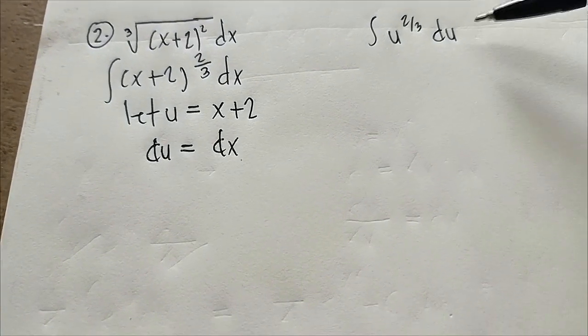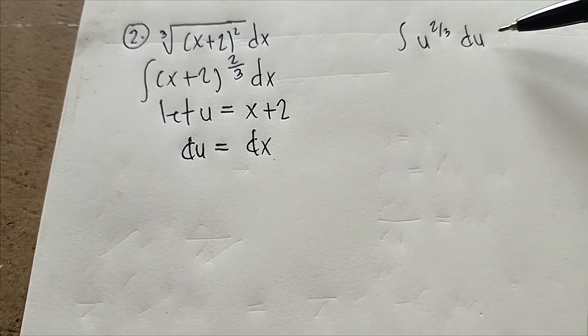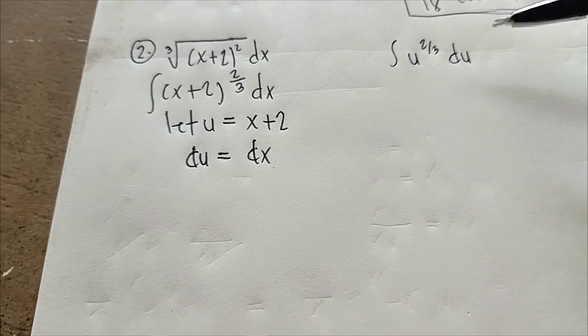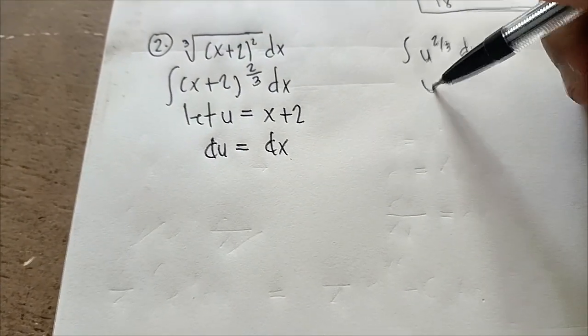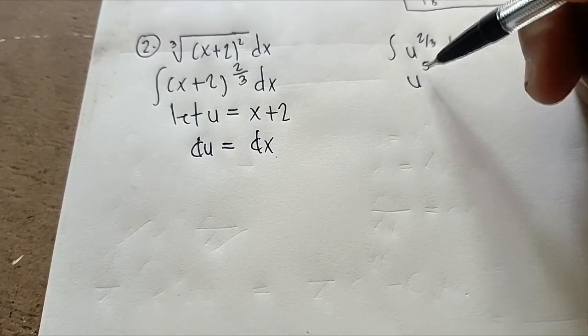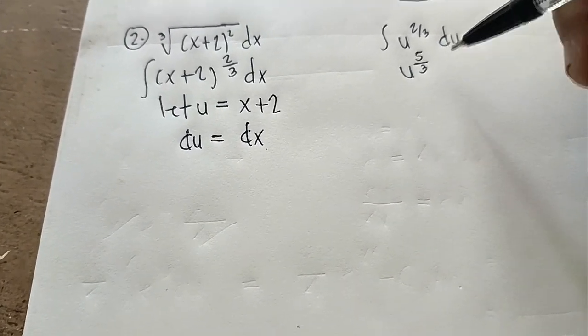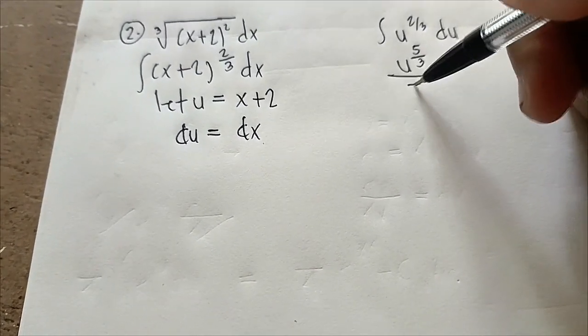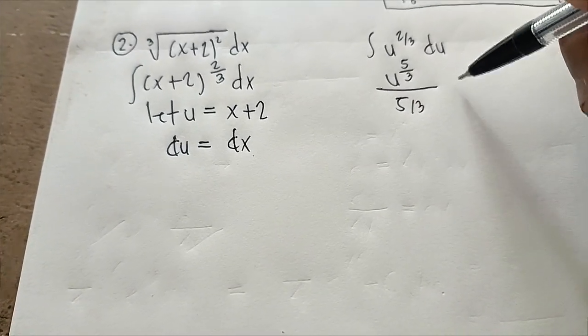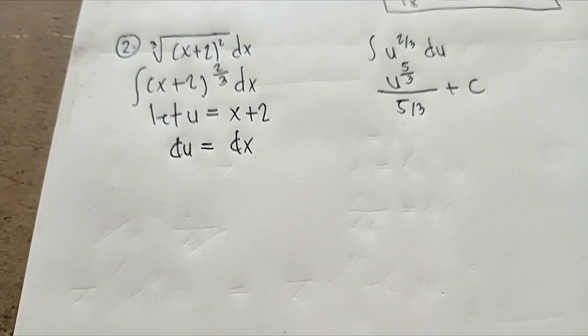Then we're going to substitute, which is the integral of u^(2/3) du. So we get u^(2/3 + 1), which is 5/3, over 5/3, plus c.